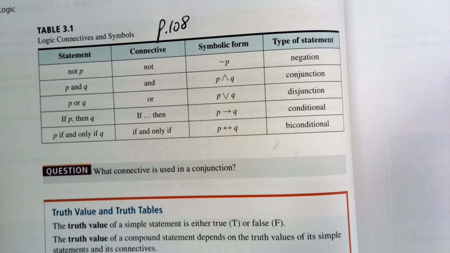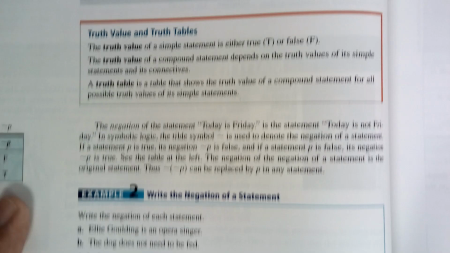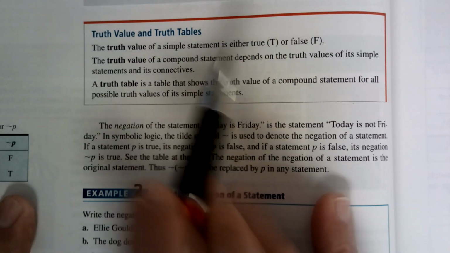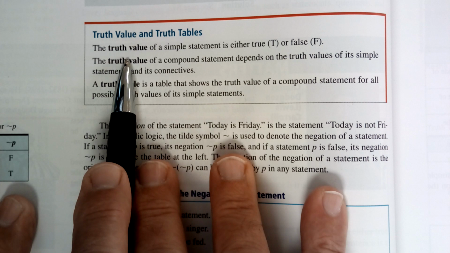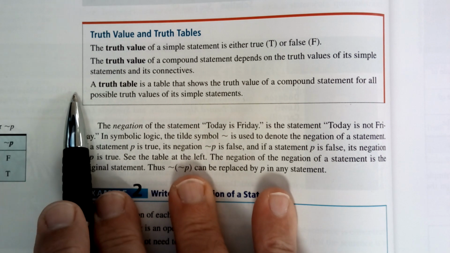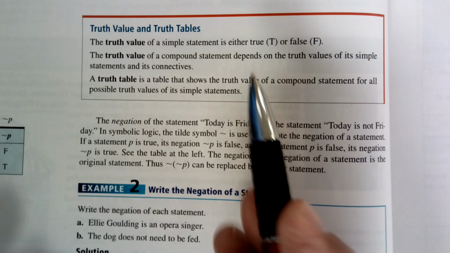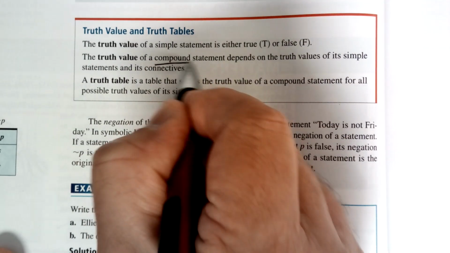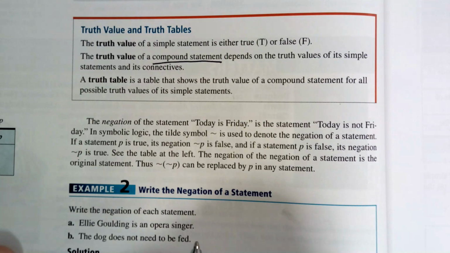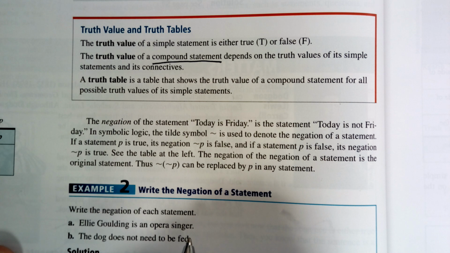Okay, so let's move on. Copy down these definitions. A truth value of a simple statement is either true or false, whereas a truth value for a conditional or a compound statement depends on the values of its simple statements and its connectives, like or, and.